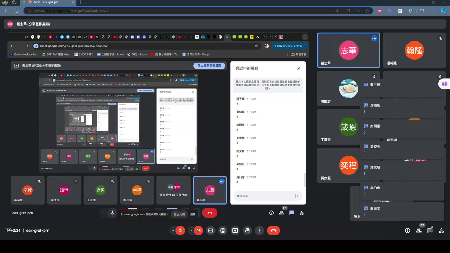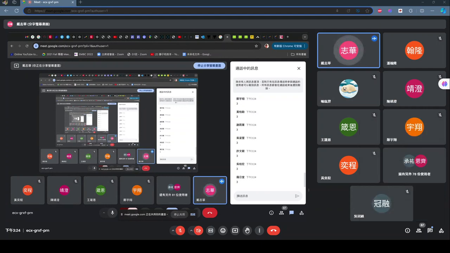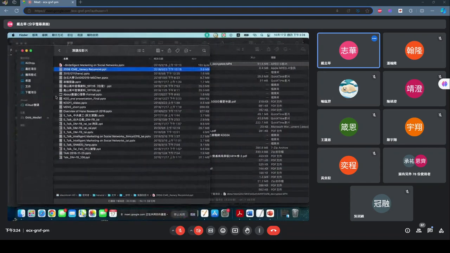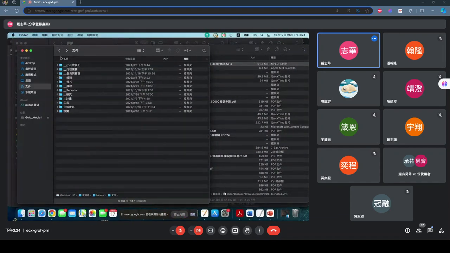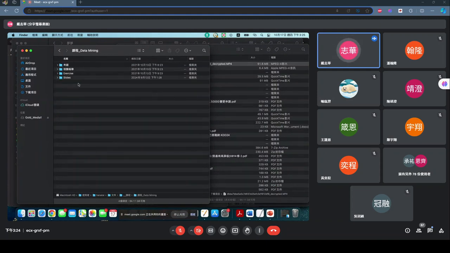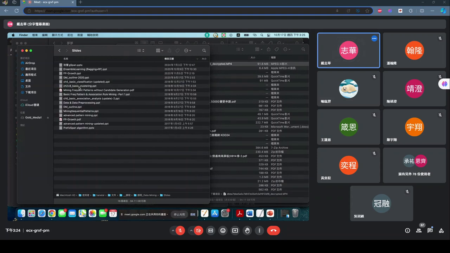So three the most, and then the second and the first. Okay, then I will introduce those techniques in this order. Okay, then let's start from pattern mining.